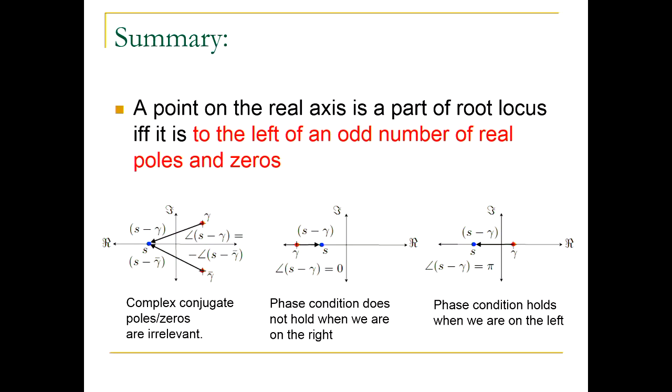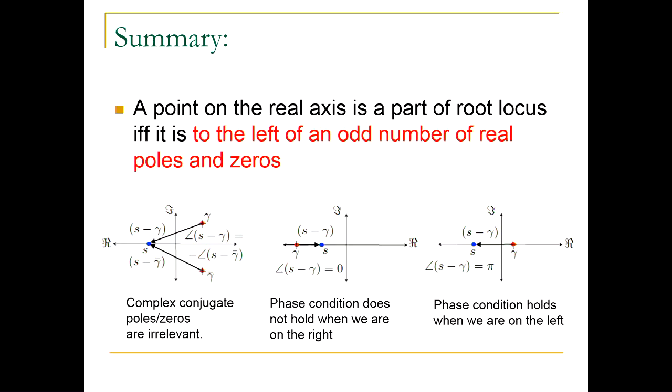So we do not have to worry at all about complex conjugate poles and zeros, because in the end, they will always appear in pairs. So if this was the phase of s minus gamma, then the complex conjugate phase will be just the negative of that. So that's why this would be very easy to plot.